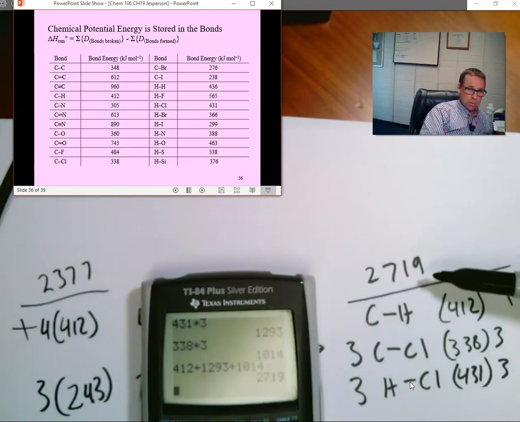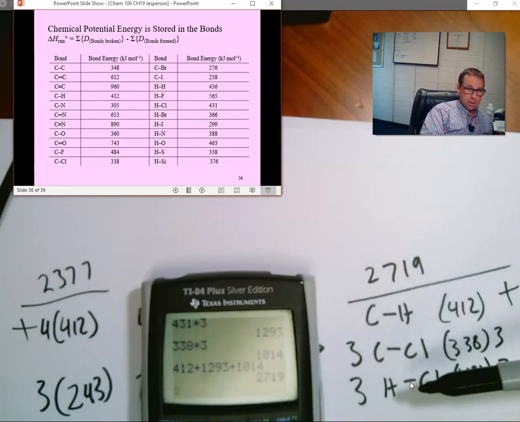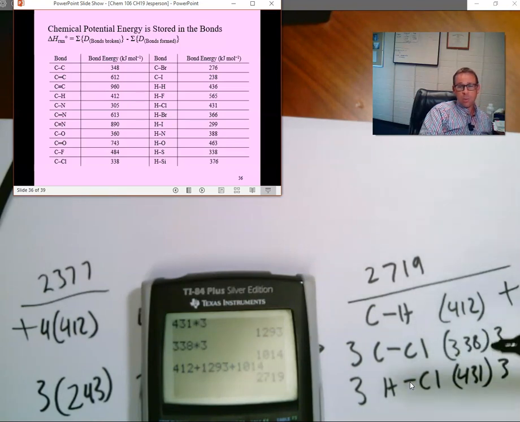So it's going to take more energy to break up our products, right? So that means that our products have more energy stored in them, right? So if that's the case, there's more energy stored here, so our reaction should be a negative.